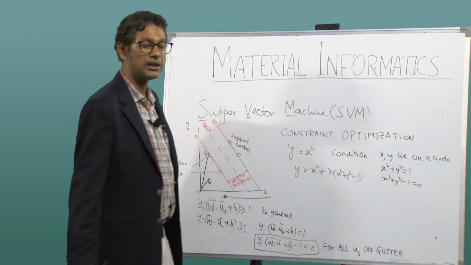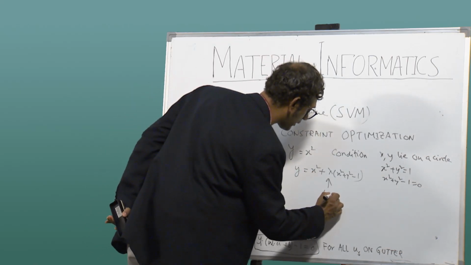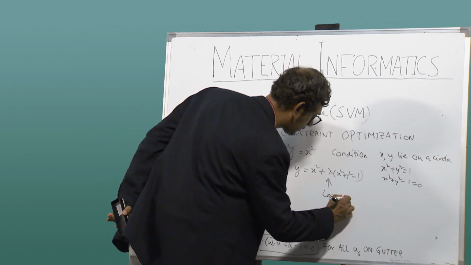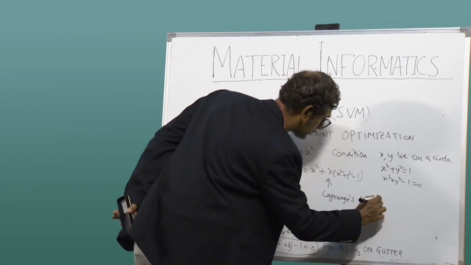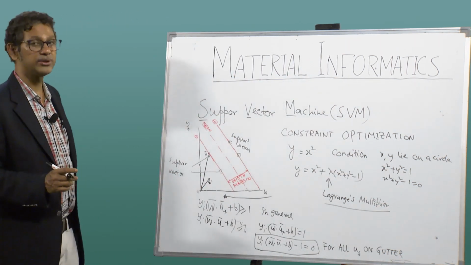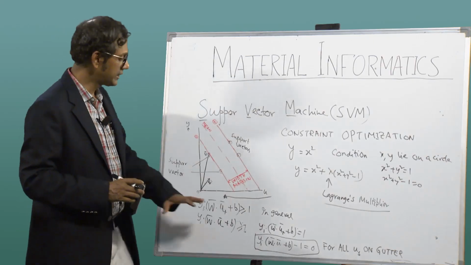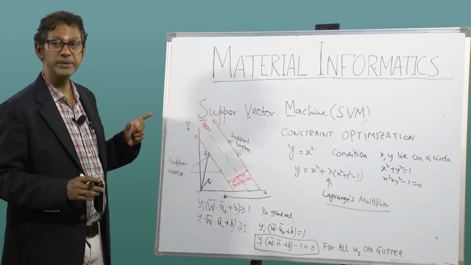This lambda is known as a Lagrange multiplier. I thought I should discuss with you in case you do not know. Okay. So, the problem you are handling here is a constraint optimization problem.